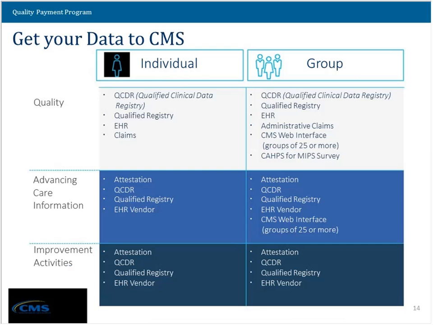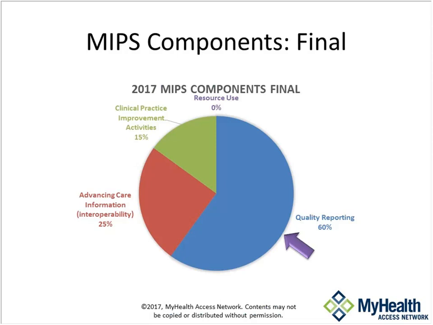So in MyHealth, we've been asked by our community to get certified as a qualified clinical data registry, which means that we are able to be a reporting agent on behalf of practices and health systems to Medicare, both for individual and group reporting for MIPS and for the CPC Plus program as well. We can do quality, advancing care information, and improvement activities reporting.